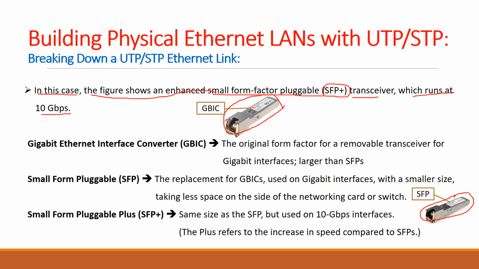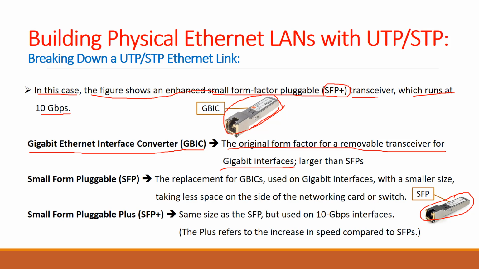As you can see, the SFP is smaller than the GBIC, but they are used for the same purpose. So the Gigabit Ethernet Interface Converter, or GBIC, was the original form factor for a removable transceiver for gigabit interfaces.